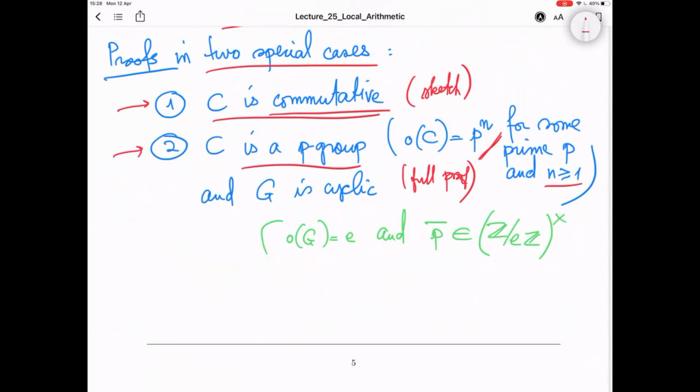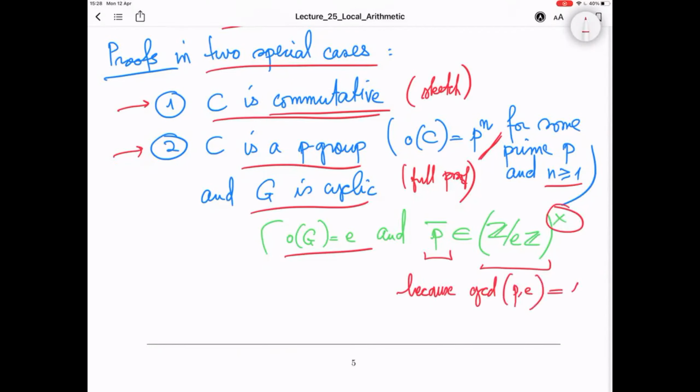So not only is C a p-group, which may or may not be commutative, but the quotient G is cyclic. Of course, if I denote the order of the quotient by e, then p bar, the image of p in Z mod eZ, is going to be invertible because GCD of p and e is equal to 1.